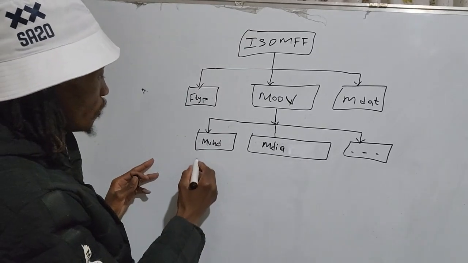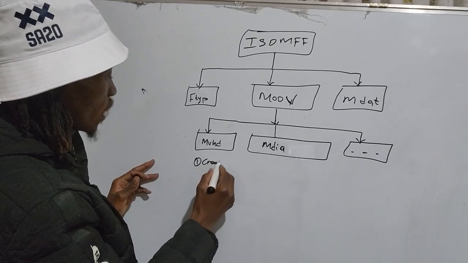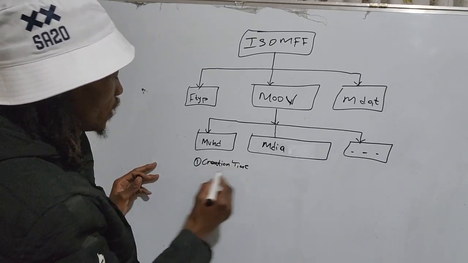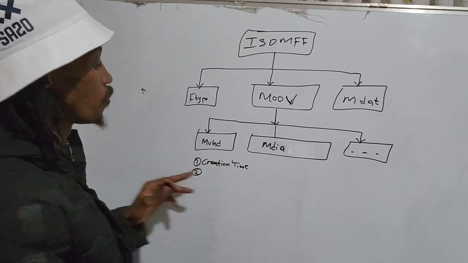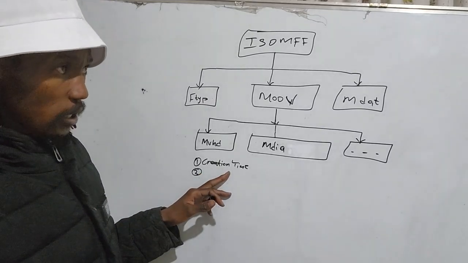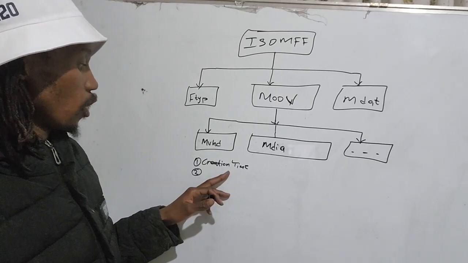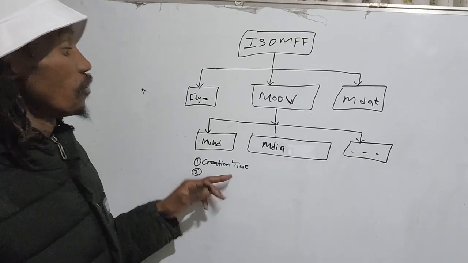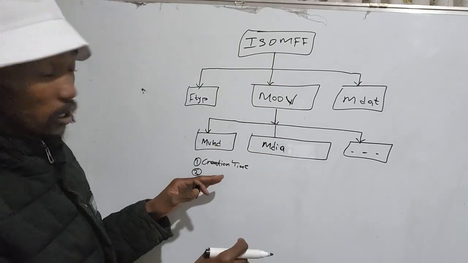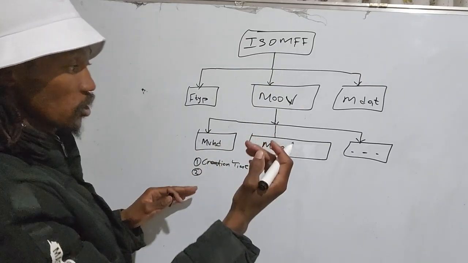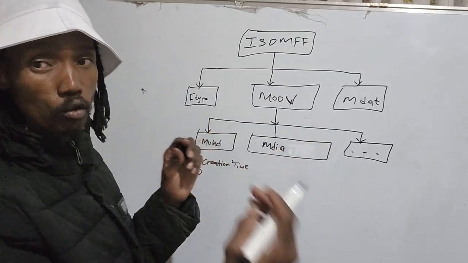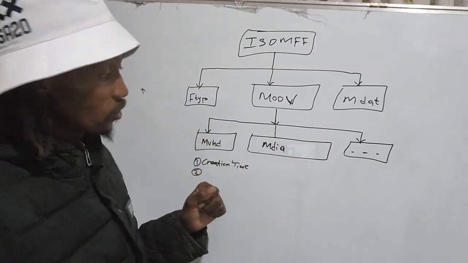So here you are able to get things like creation time, when the file was created. It actually gives you the creation time of the first track that was created in this MP4 file, because as I believe you do know, an MP4 file may be composed of multiple tracks.